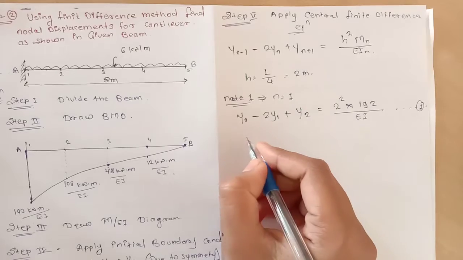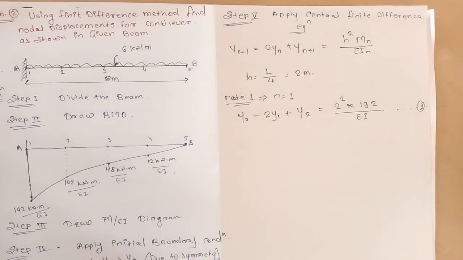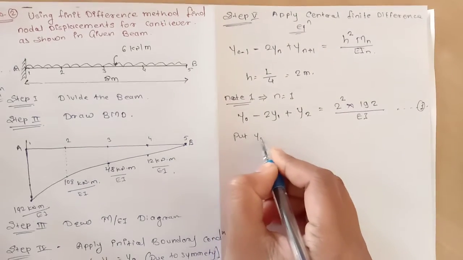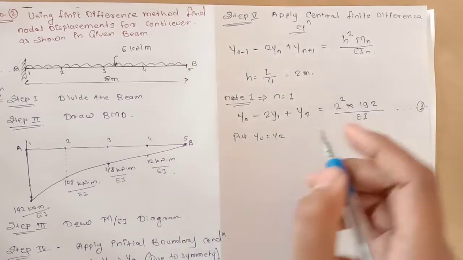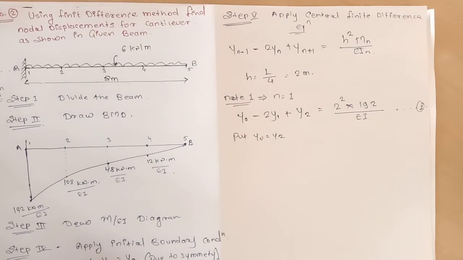Then we know that y0 is equal to y2, so put y0 as y2 in equation 1, and y1 is equal to 0.